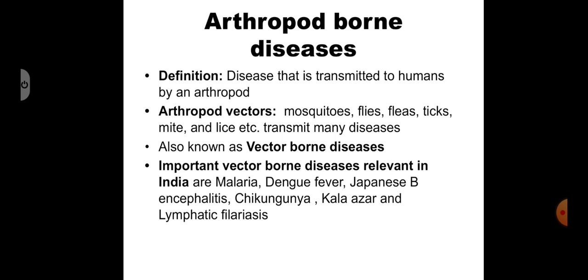And arthropod vectors can be mosquitoes, flies, fleas, ticks, mites, lice, etc. They are also known as vector-borne diseases. Some of the important vector-borne diseases in India are malaria, which is transmitted by mosquitoes, dengue fever, Japanese encephalitis, chikungunya, kala azar, and lymphatic filariasis.